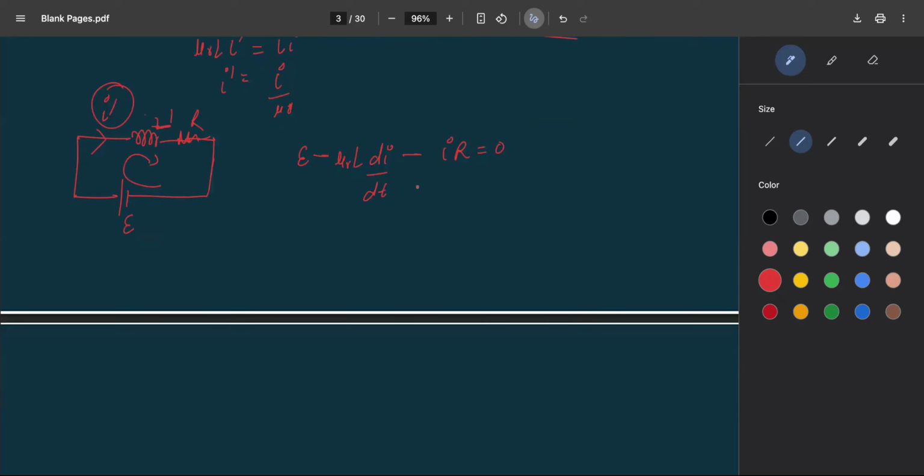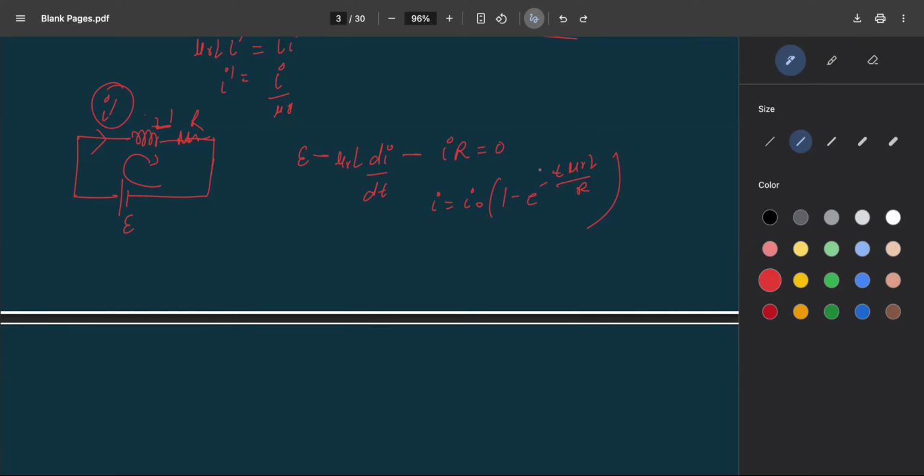If you look at this, it is like growth in current, right? You know the formula for the growth in current: I is equal to I naught times 1 minus e to the power minus t times L by R. Here you will be having mu naught L by R. Generally, this is what we write for the growth of the current.